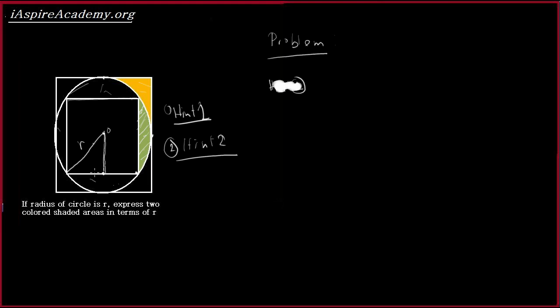Now to find out the area of the inner square, you have to find out the length of the square side. So if this is, let's say, L, then this would be L by 2 and this will be L by 2.